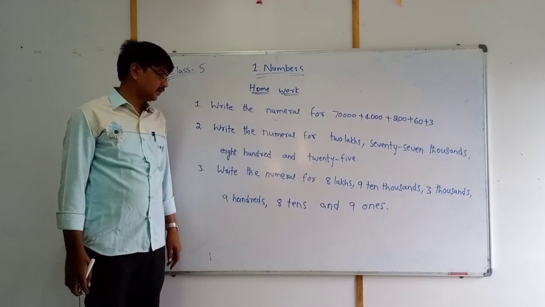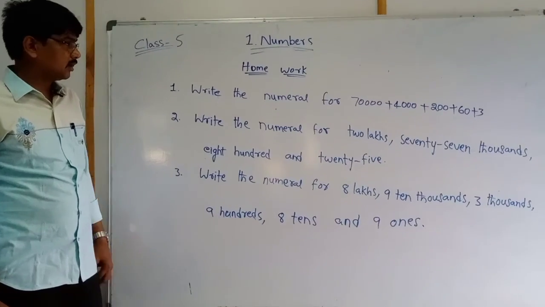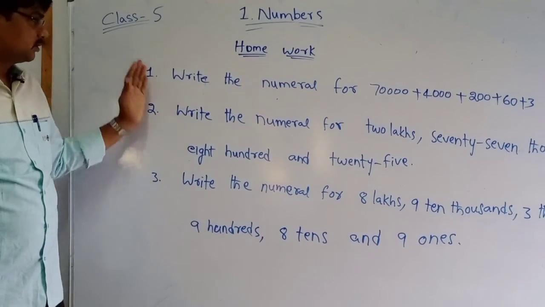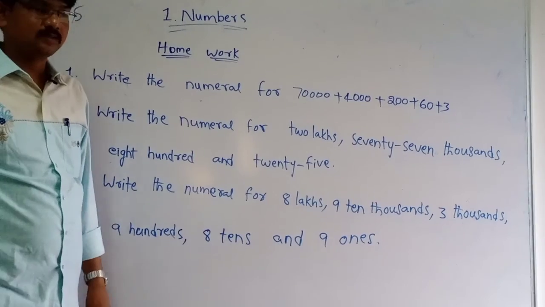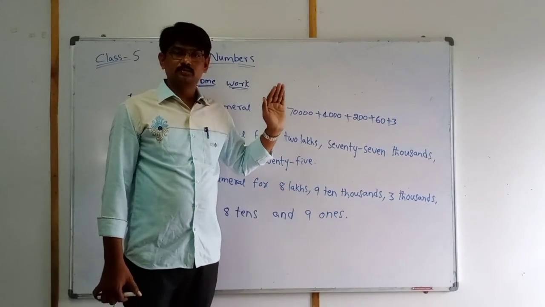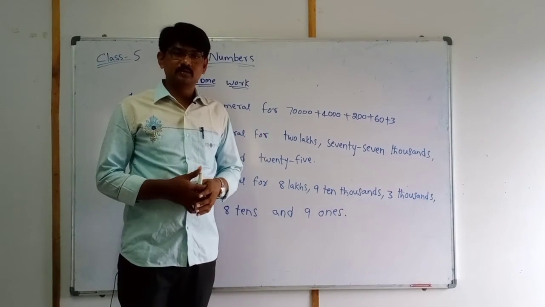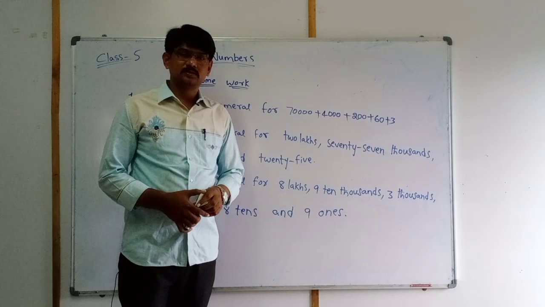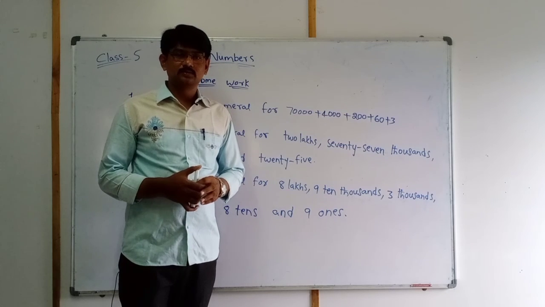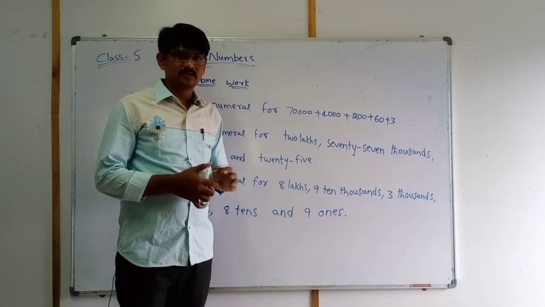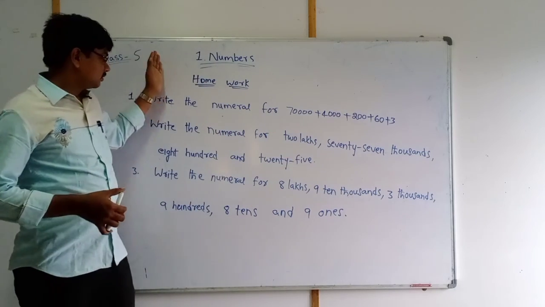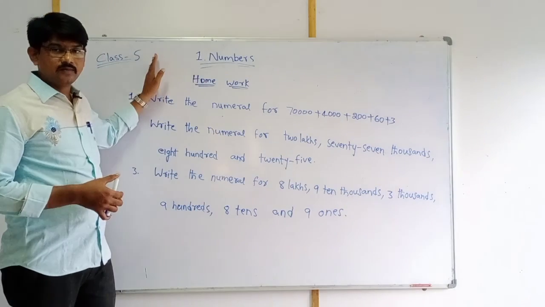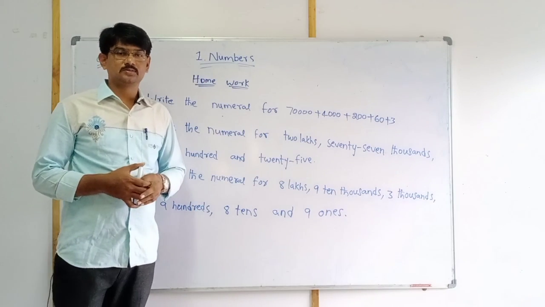Read them and write according to the given problems. Okay, students, just understand all the topics which we covered. Already we practiced 3 problems. Write them in your classwork and write these problems in your homework notebook. Thank you.